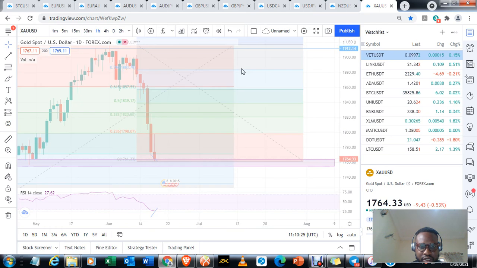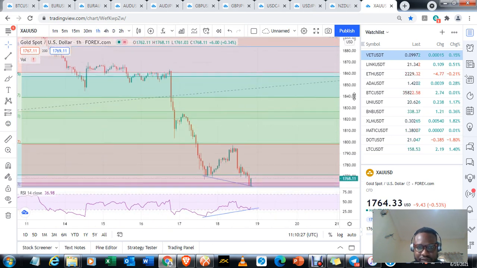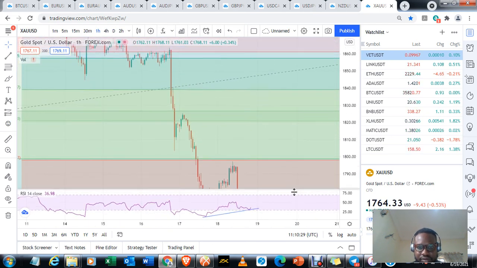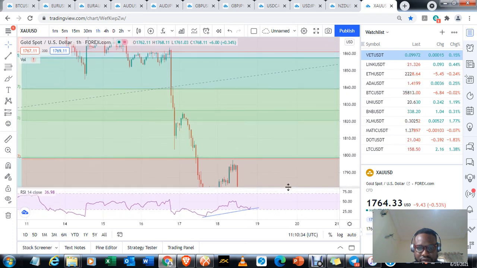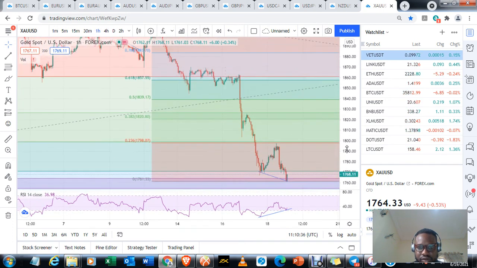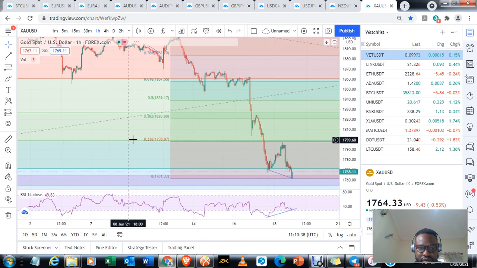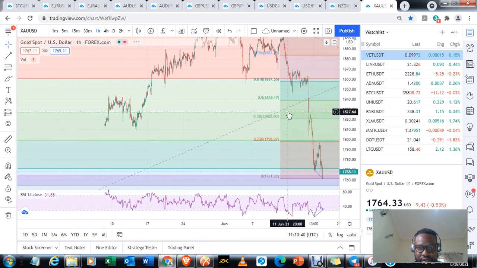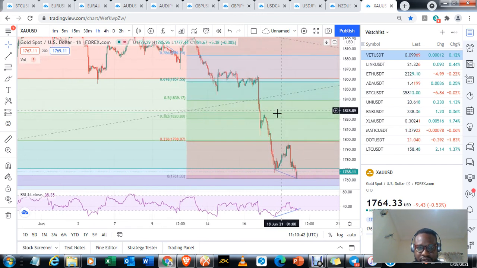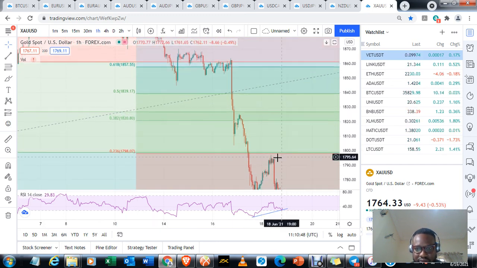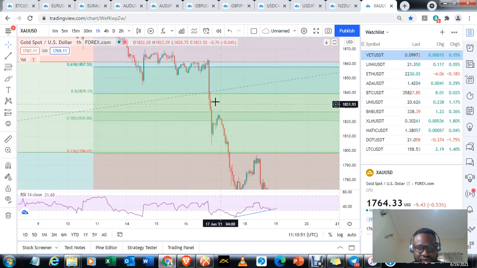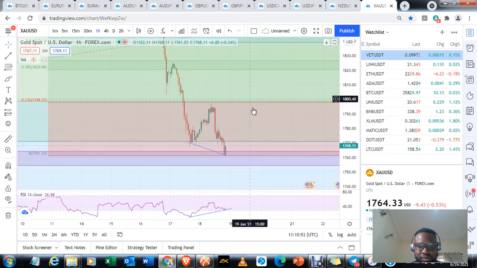If you go back to the 1 hour, you can see clearly this is the first level. Let me just do this. Yeah, so this is the first level. You can see 23%, and the second level at around 38.2%. You can see both levels are just around this resistance level, which is awesome.